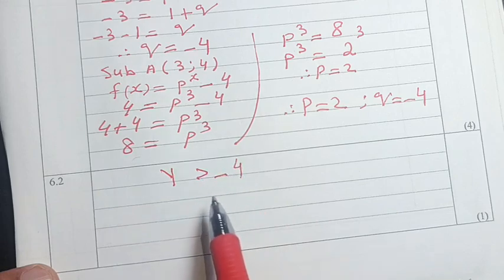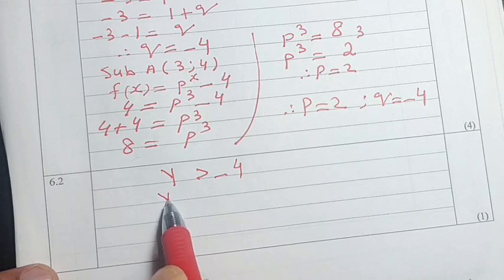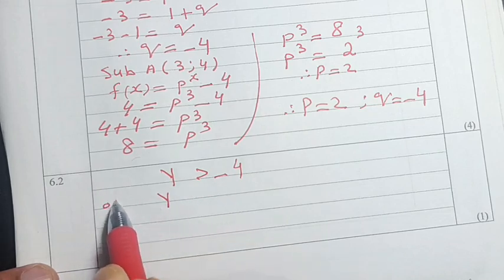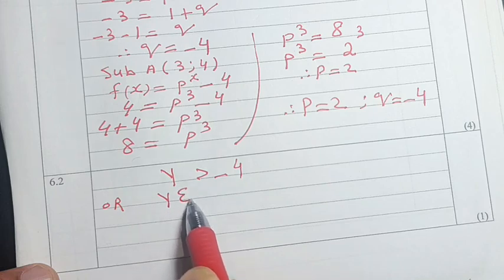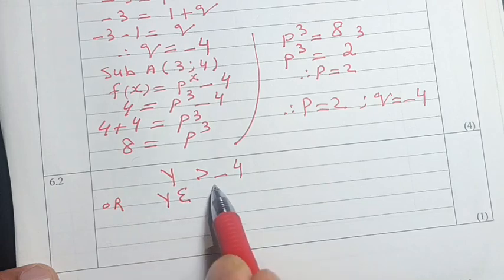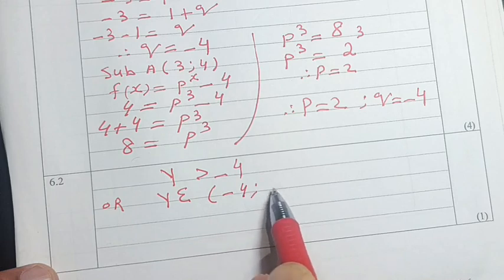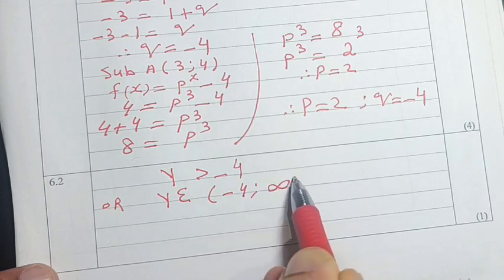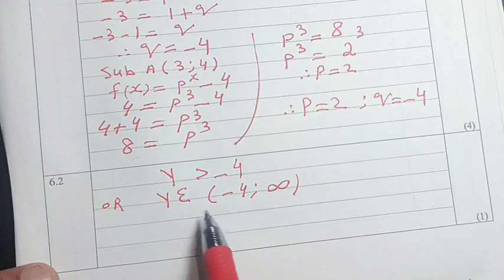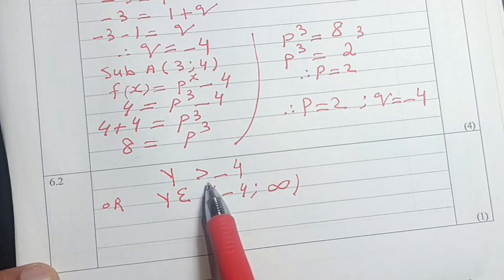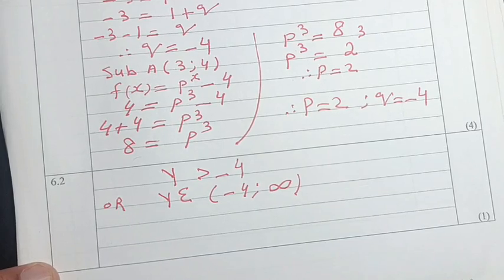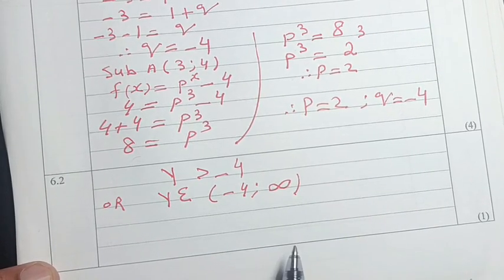If you want to write it in interval notation, y is a real number between -4 and positive infinity. This is interval notation, and the other is set notation. The -4 is not included because -4 is an asymptote.